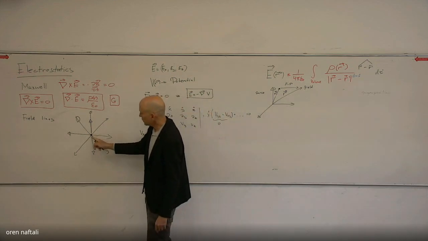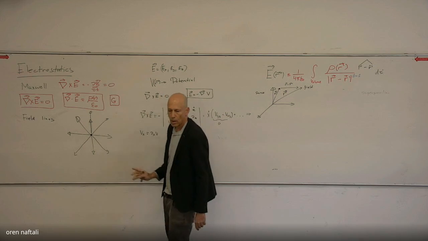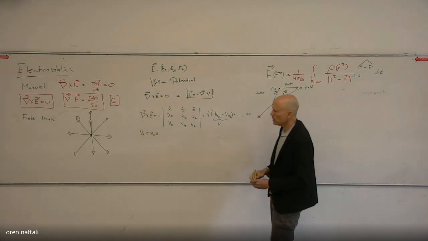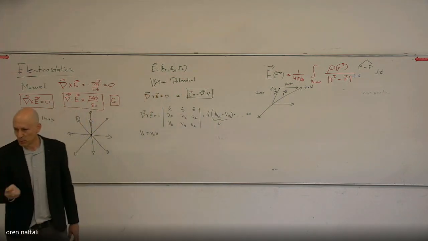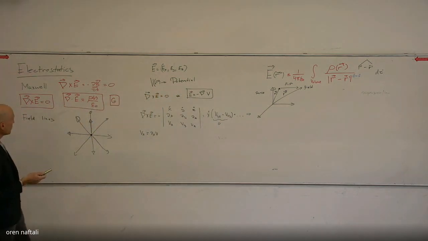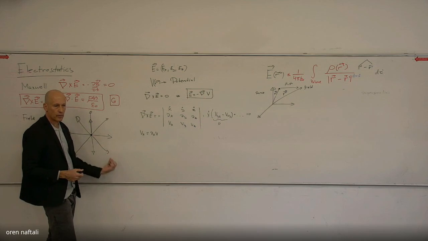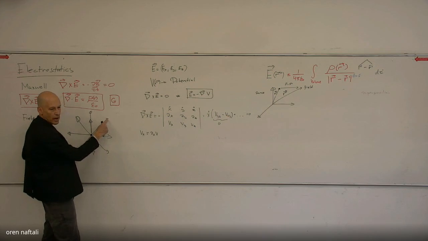So if this is the source, then all these lines are going out of the source. Now you think, okay, the field lines are trivial, but actually it's not trivial at all. Maybe you think it's trivial, I don't know. But it is both trivial and there is something very nice here, because what are we doing? We are showing the directions of the lines, which are obvious because by Coulomb's law for one particle the field goes outward. So these arrows are obvious.